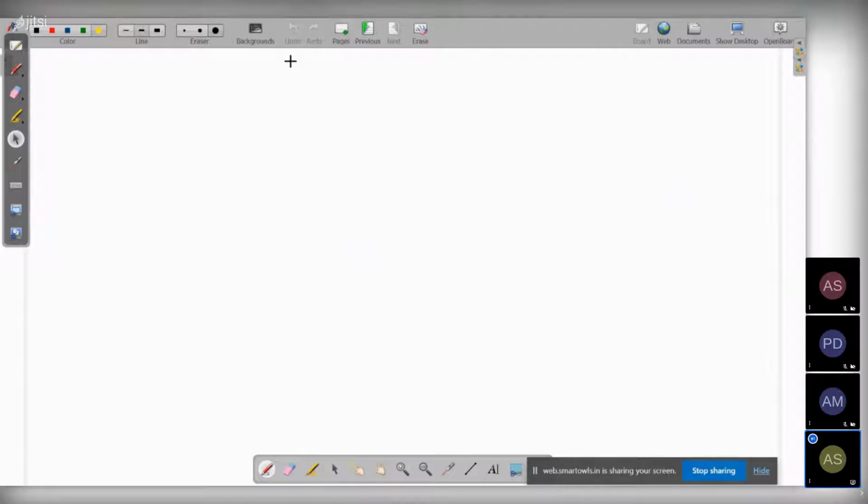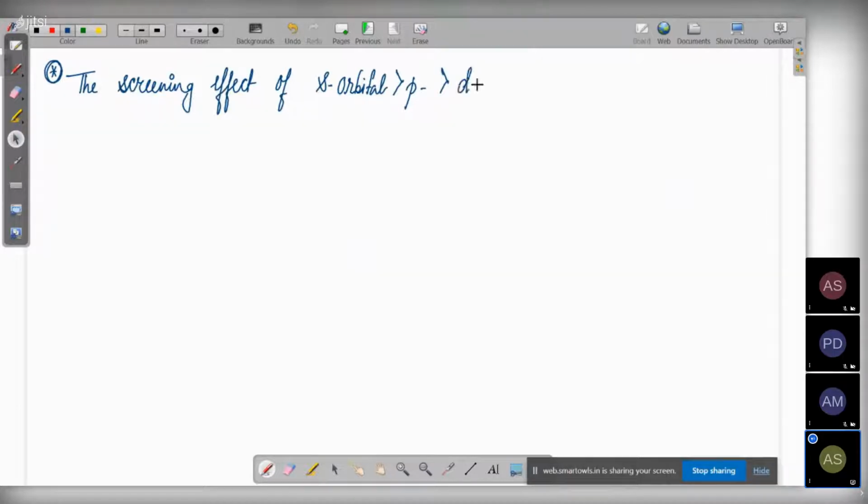So the screening effect of s orbital is greater than p, greater than d, greater than f.